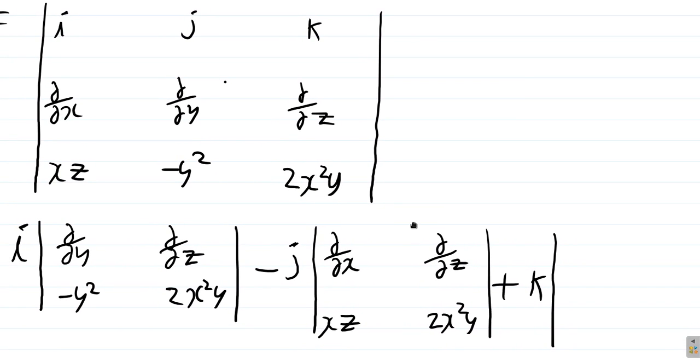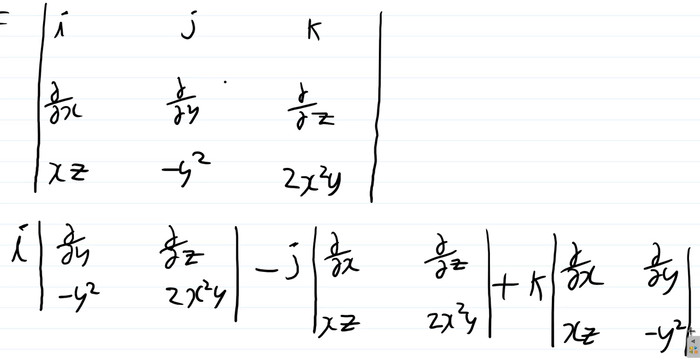This time you cover the row and column with k, and what you see uncovered would be delta by delta x, delta by delta y, xz, and negative y squared.